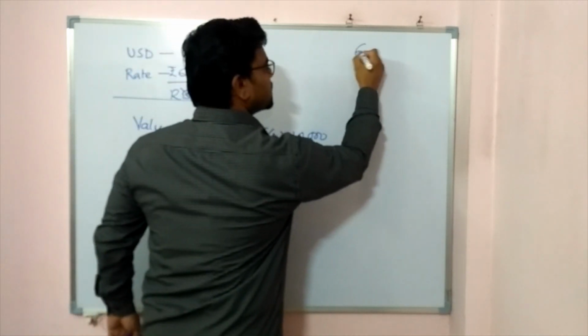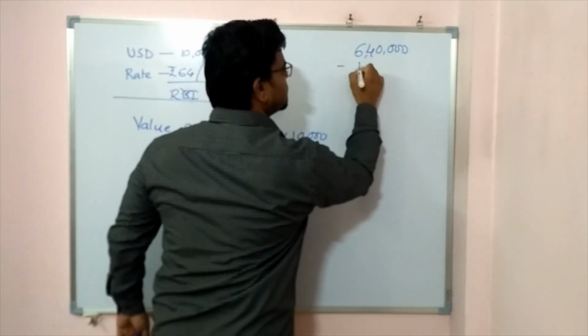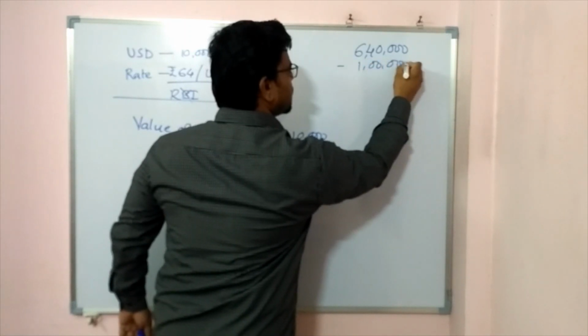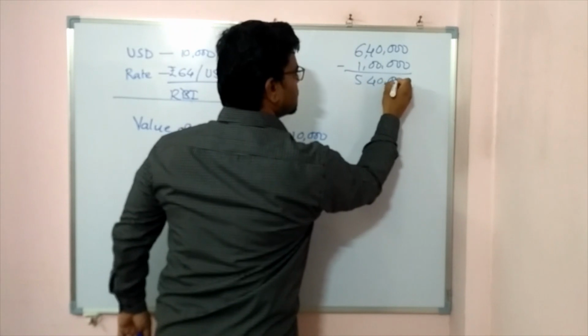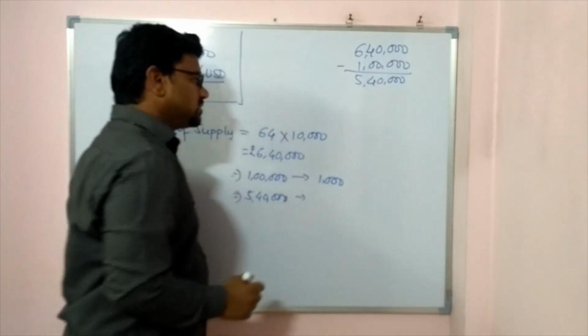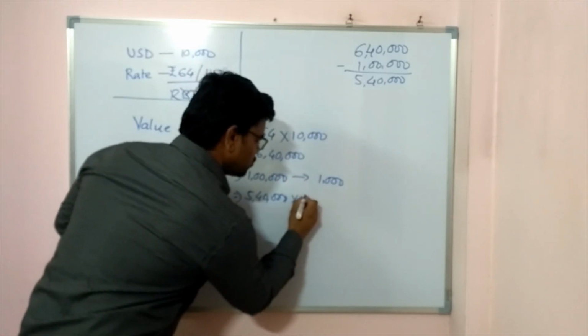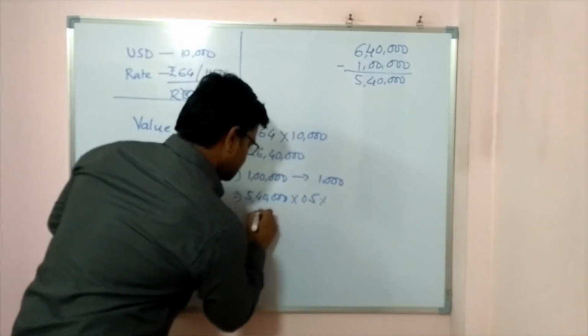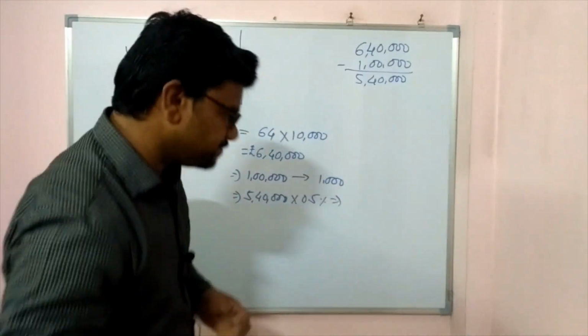See, for your reference I am writing it here. 6,40,000 is given. Up to rupees 1 lakh I have calculated, it is 1000, right? How much is remaining? It is 5,40,000 remaining, right? So that 5,40,000 into 0.5%, whatever is the value, I will use the calculator.